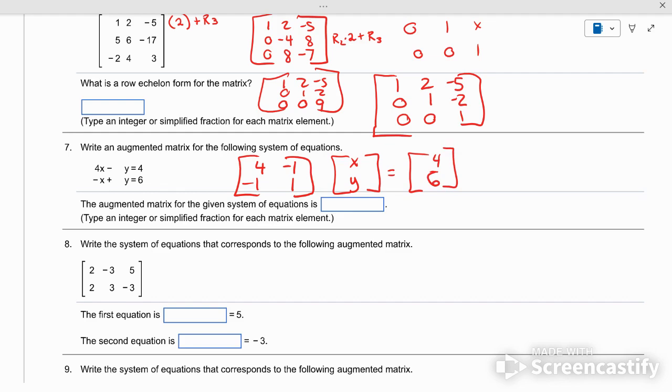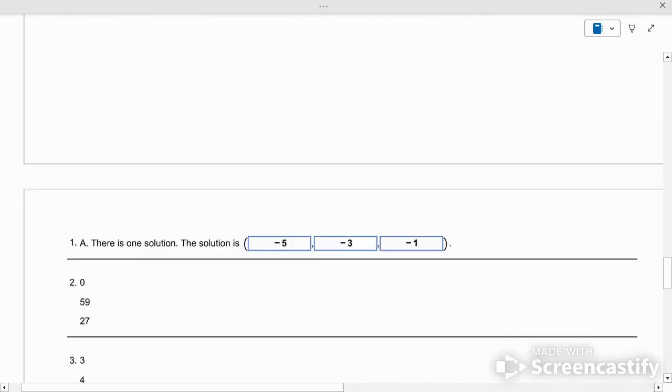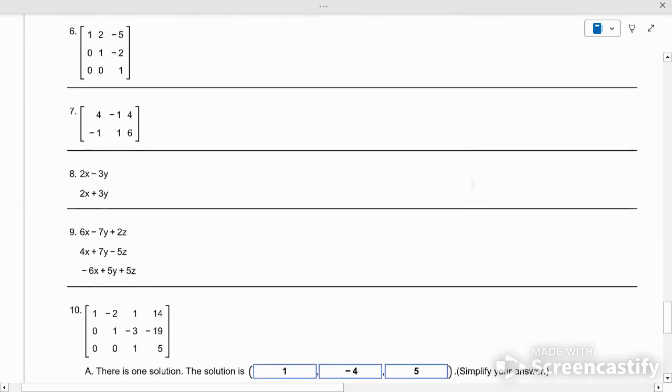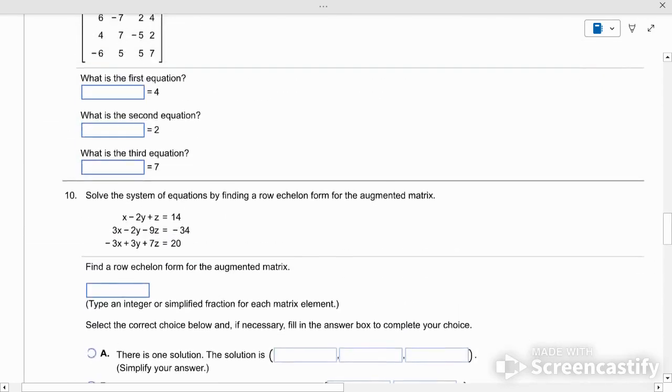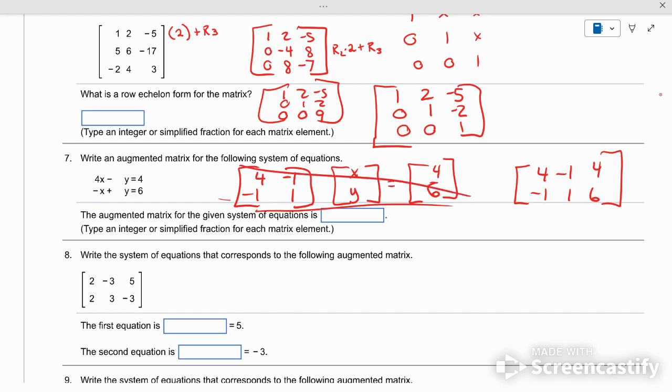Now, that's how we write them out. I'm going to see what the answer is because I want to see how they write them out. Oh, all right. The augmented matrix is different than what I write. Okay, so this is what we're going to do on Monday. We're going to write them this way on Monday. The augmented matrix will be 4, negative 1, 4, and negative 1, 1, 6. So scratch that till Monday. That's what it's supposed to look like.